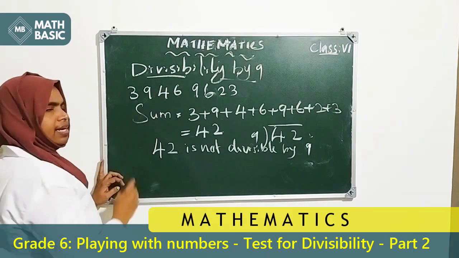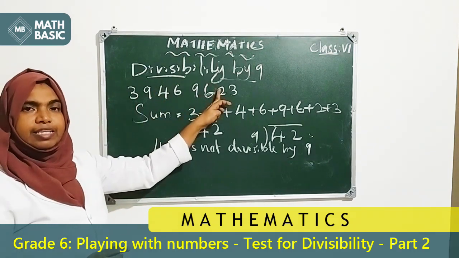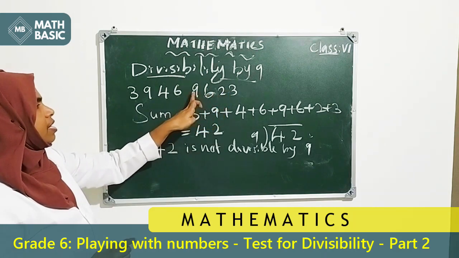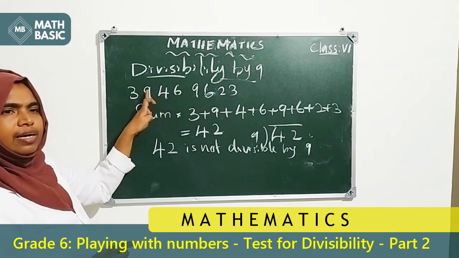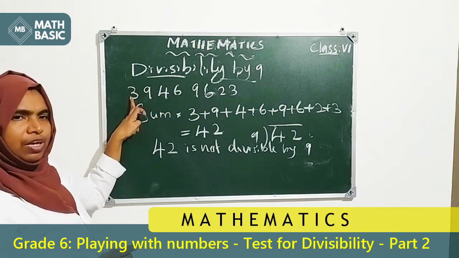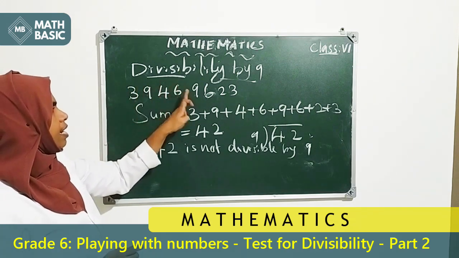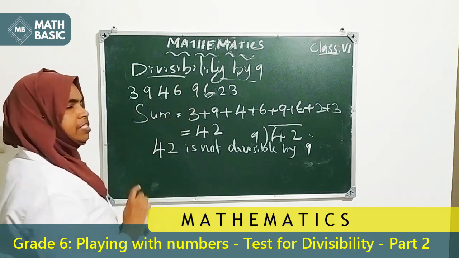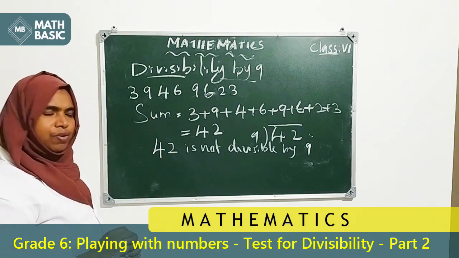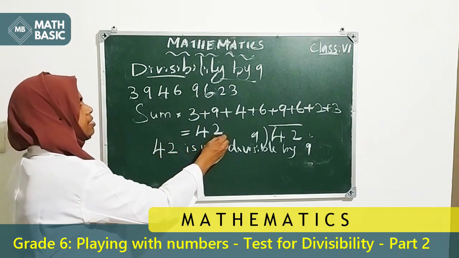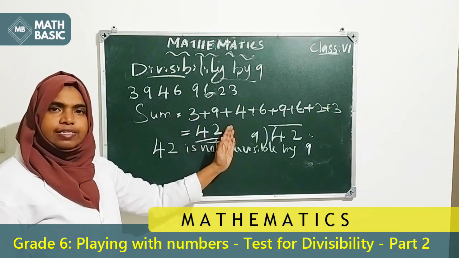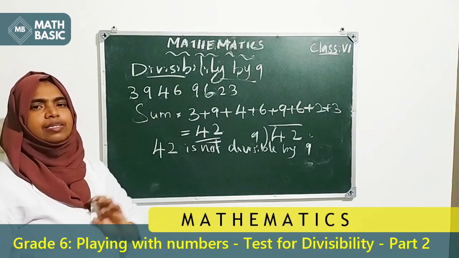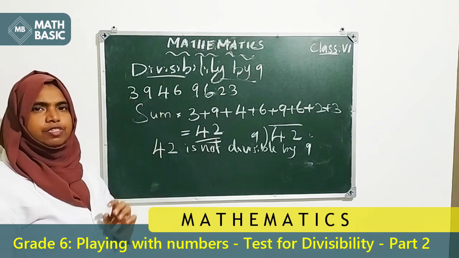So we can say that this number, how can we read it? Ones, tens, hundreds, thousand, 10,000, lakh, 10 lakh, crore. 3 crore, 94 lakh, 69,623 is not divisible by 9. Only by seeing the sum, the sum of the digits is not divisible by 9. So this number is not divisible by 9.